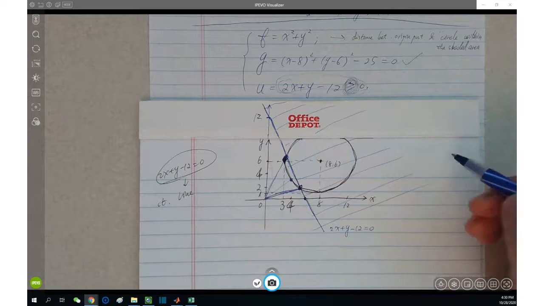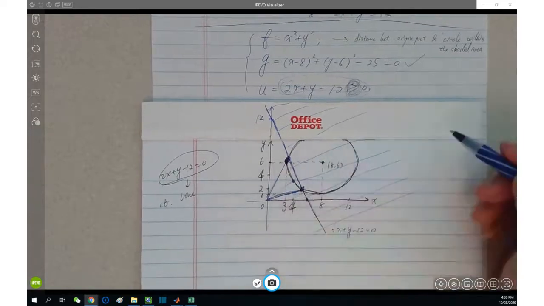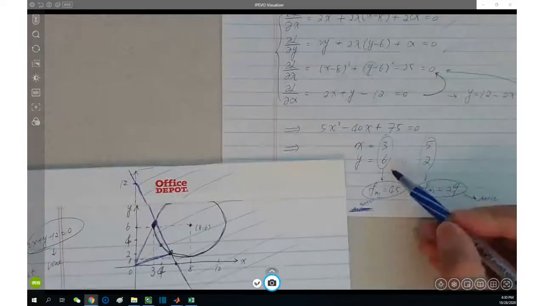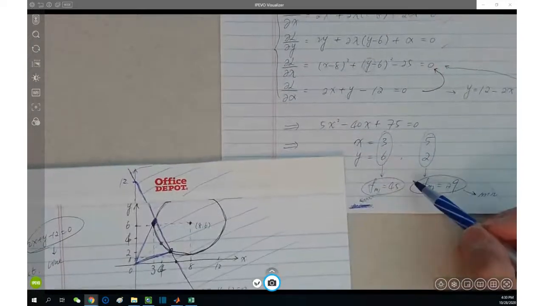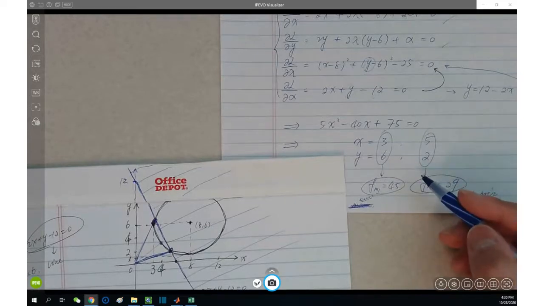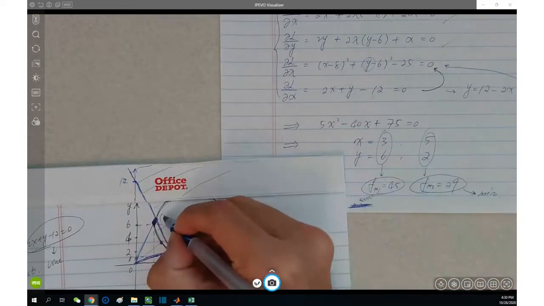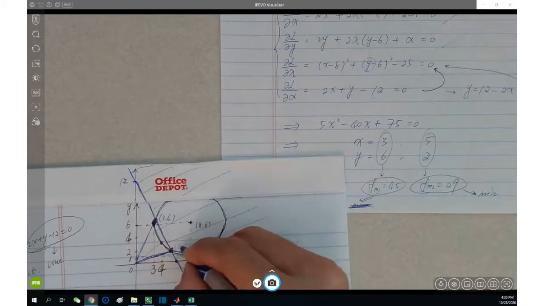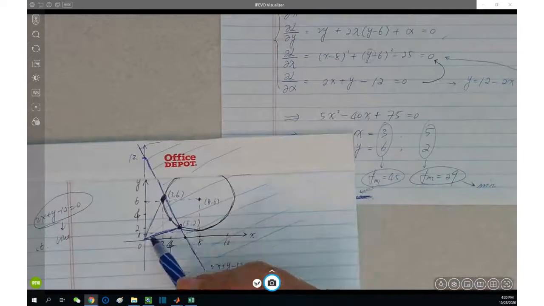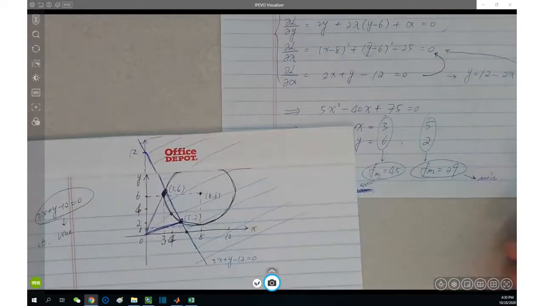So either here or here. And it turns out that they are coordinates (3, 6) and (5, 2). This is (3, 6). This point is (5, 2). Compare the distances, and this is smaller. So this is the solution.